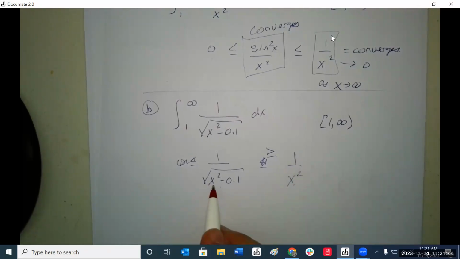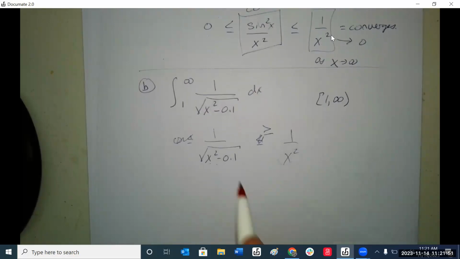Okay, so we know that this one is larger than this one because this one grows much faster than this.